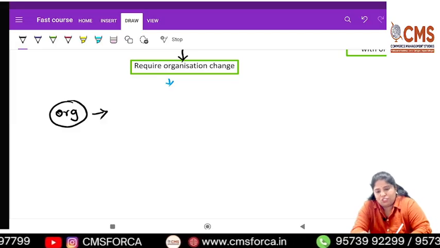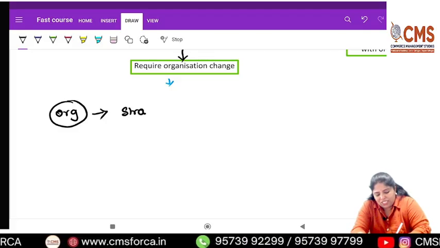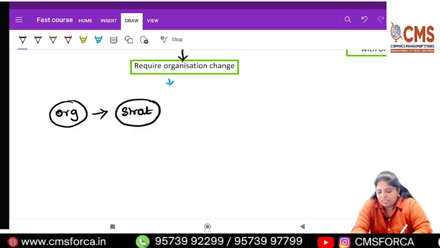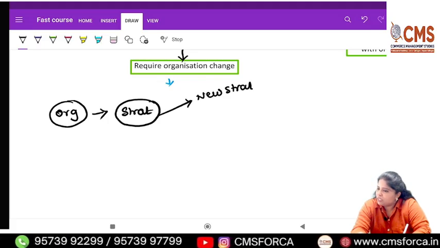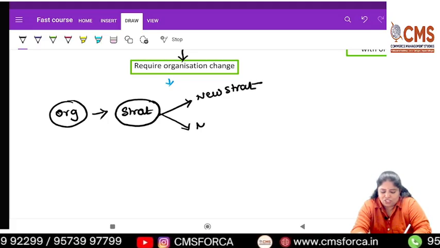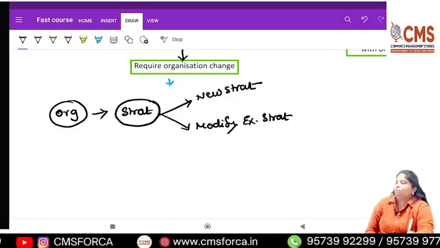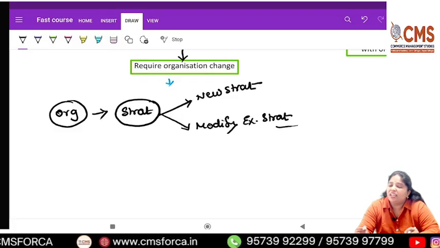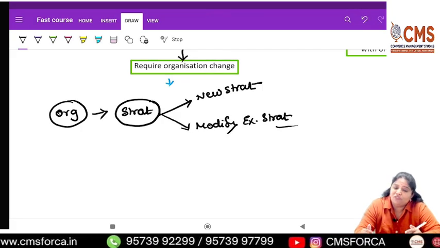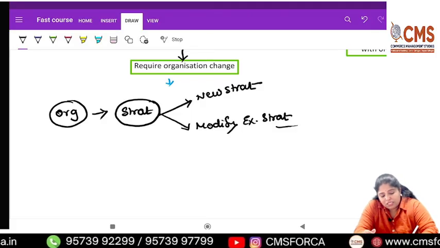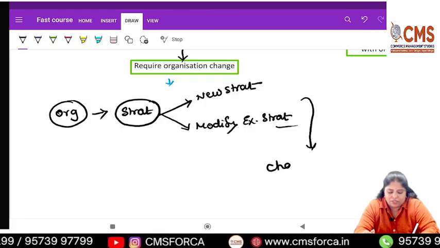So what organizations have to do, when it comes to strategies, is either come up with completely new strategies, or modify their existing strategies. Whenever they do this, it enforces a lot of change in the organization.